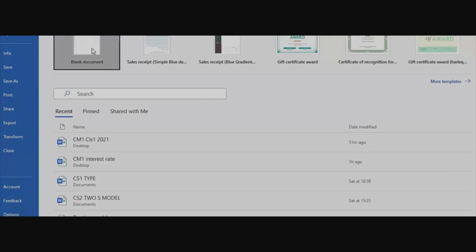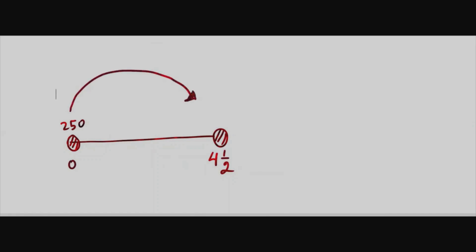I'll discuss 2 to 3 problems with you. Suppose I need to invest some amount here, 250. I want to get it after 4.5 years. So what will be the accumulated value here? I want to know the actuarial expression after 4.5 years. But at what interest? Suppose i4 is given.